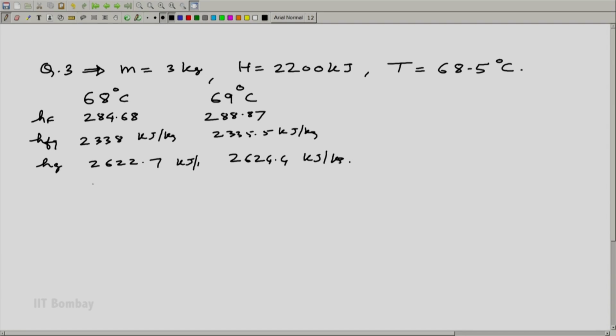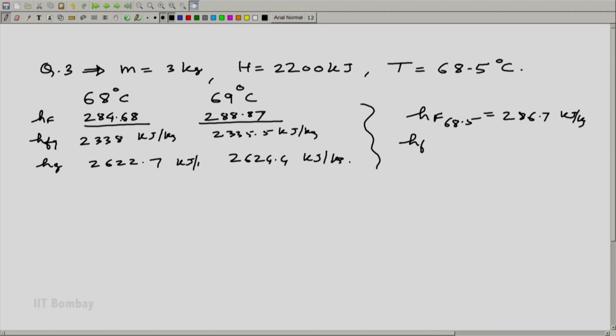So what we can do here, by interpolating, is get the values at 68.5. We just interpolate between this value and this value. We get HF at 68.5 is equal to 286.7 kilojoule per kg.